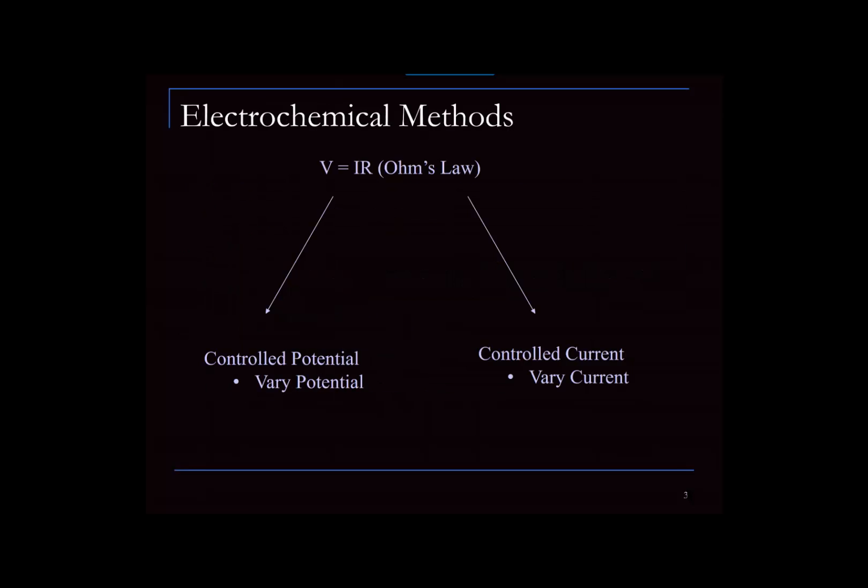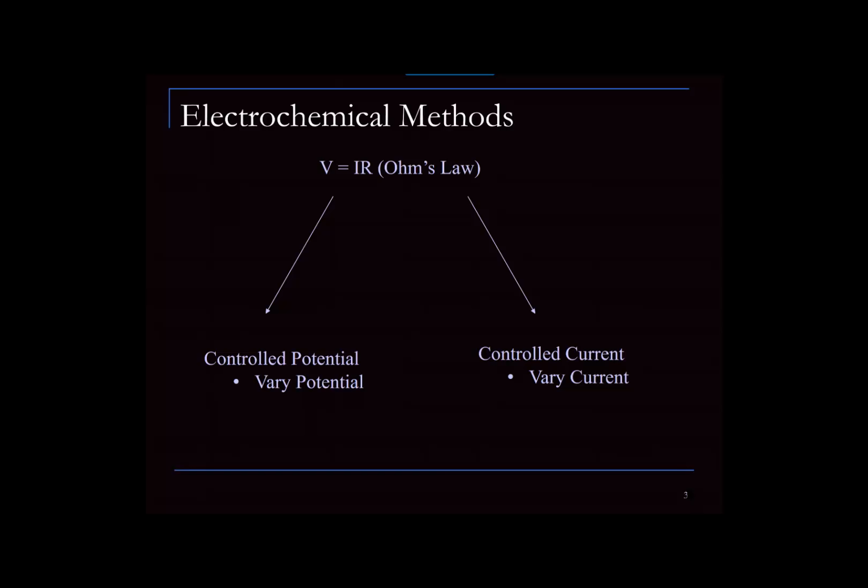So let's get started. If you'll recall, last time I introduced the idea that all electrochemical methods are categorized based on Ohm's law. Either you perturb the potential of the system, or you perturb the current in the system. When you affect the potential, it's referred to as a controlled potential method, and when you affect the current, it's referred to as a controlled current method.